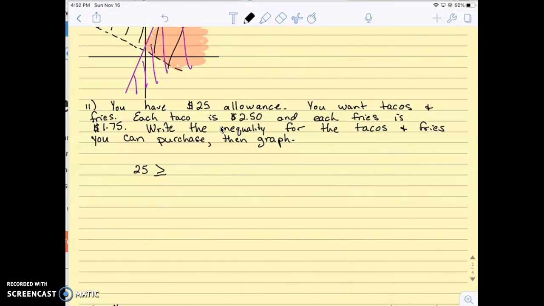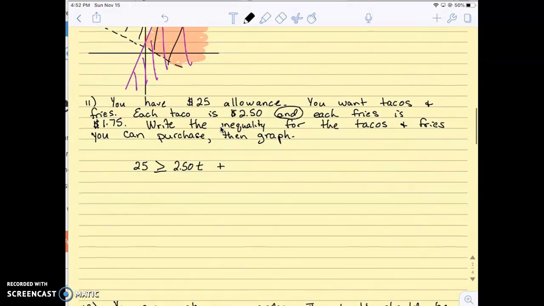So tacos are $2.50. And that's for a taco. And that, of course, means plus. Each fry is $1.75. So what this equation says is, I can buy some combination of tacos and fries up to $25.